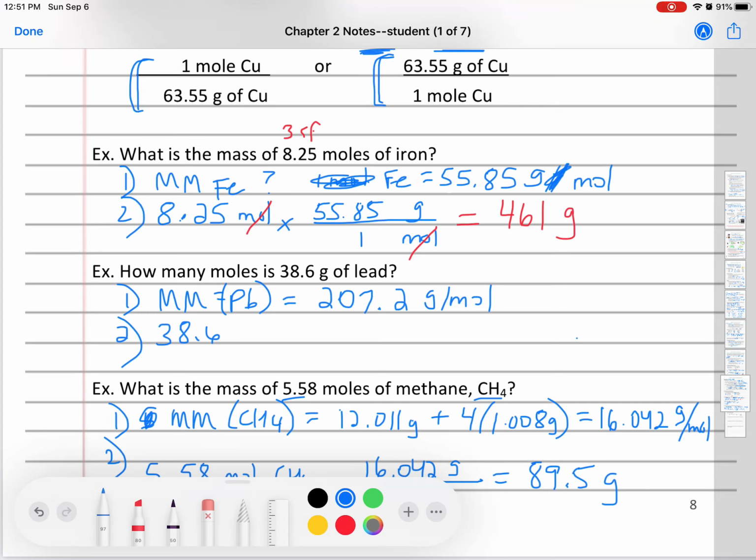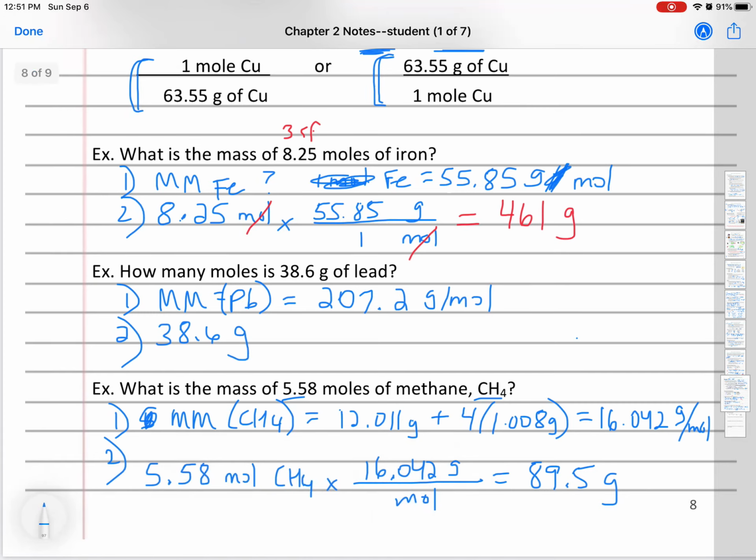So we were starting with 38.6 grams of lead, and we want to convert it into moles. So now we need our grams on the bottom and our moles on top. 1 mole is 207.2 grams. 38.6 divided by 207.2 is in fact 0.186 moles of lead.